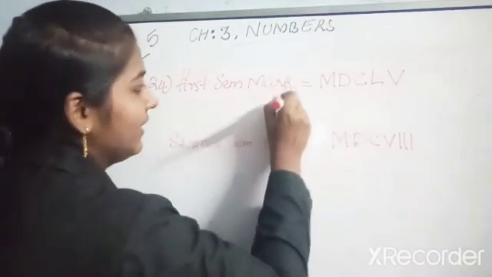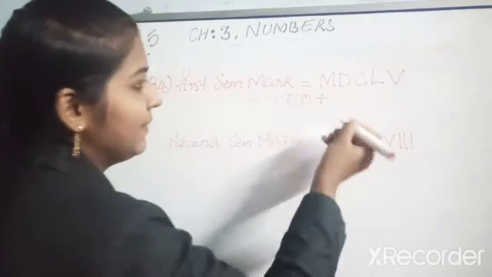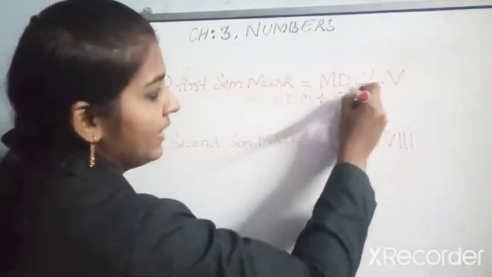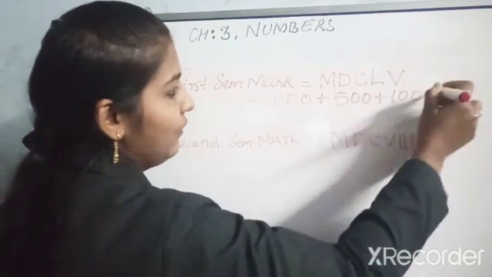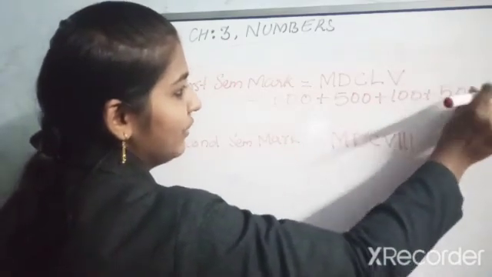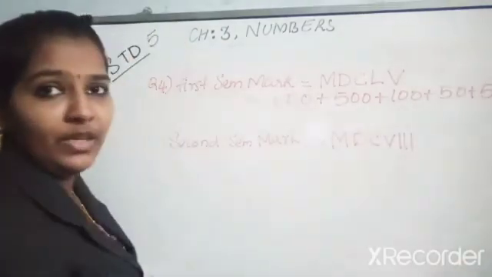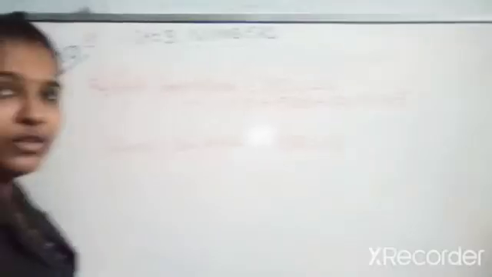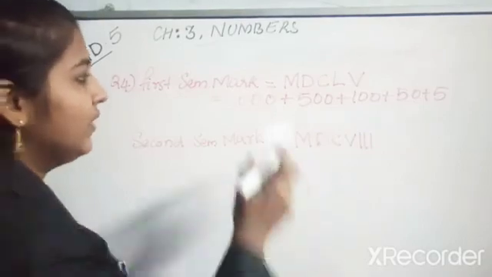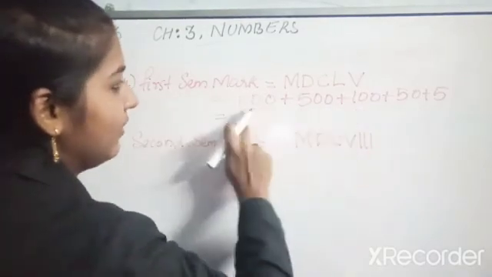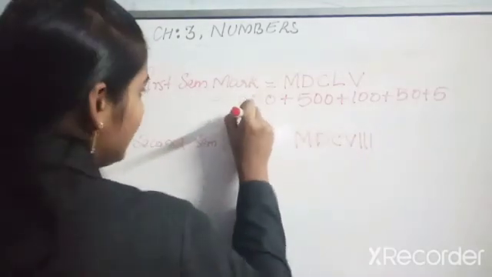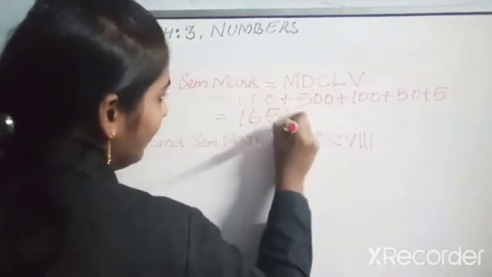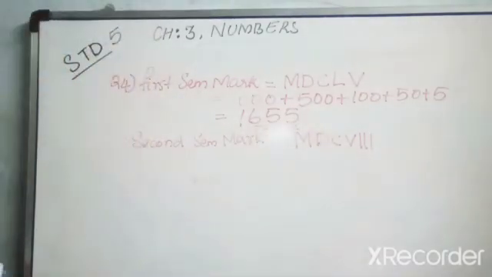So you can write 1000 plus D for 500 plus C for 100 plus L for 50 plus V for 5. Now add these all together, you will get the mark. That is 1000 plus 500 plus 100 plus 50 plus 5, 1655. Okay, this is the mark of the first semester.